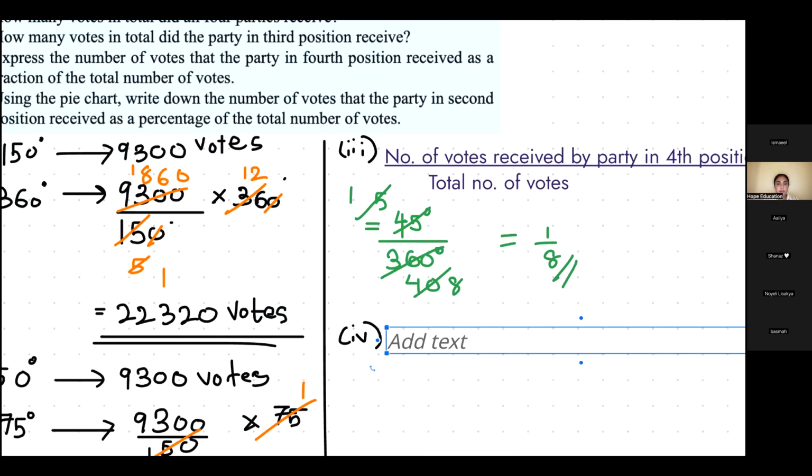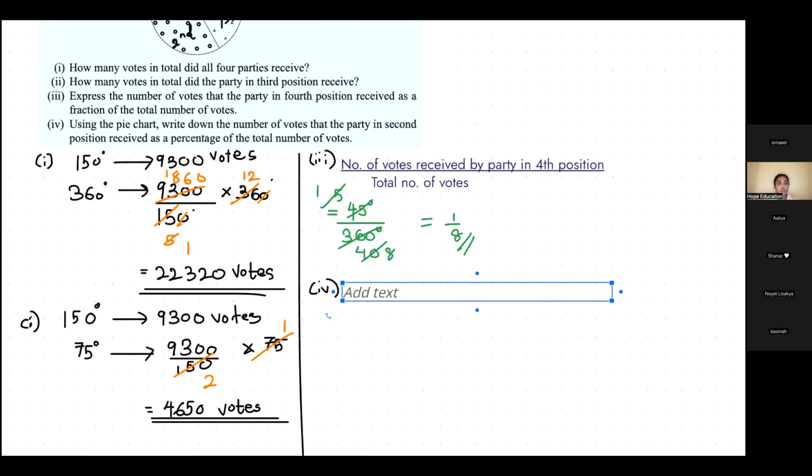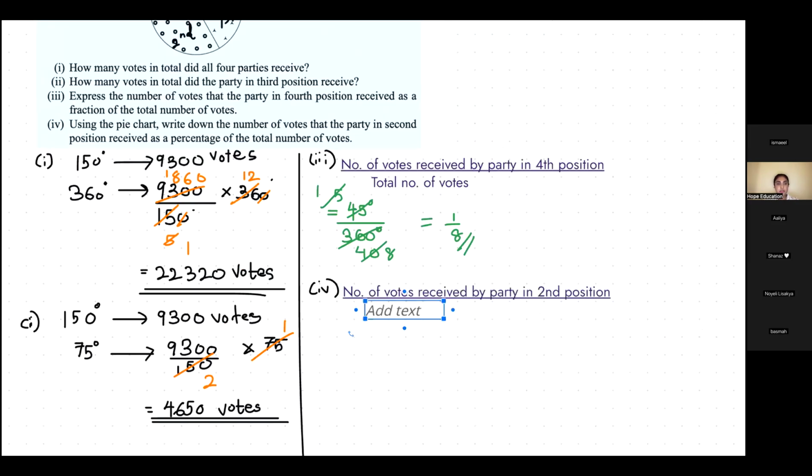We divide that by the total number of votes and we have to multiply that by 100. Then we get a percentage, right?